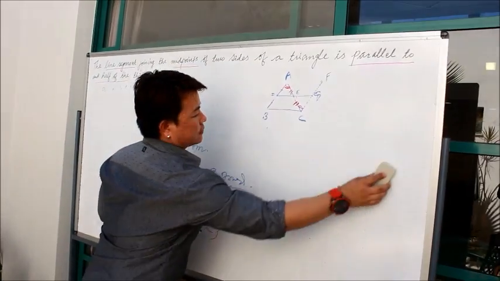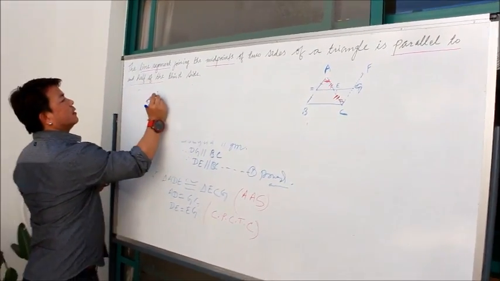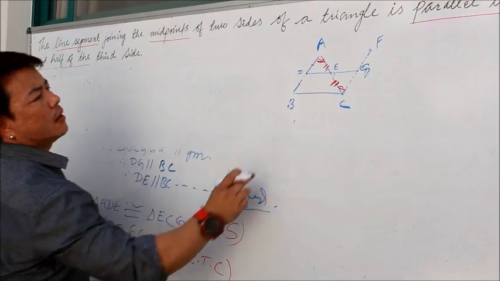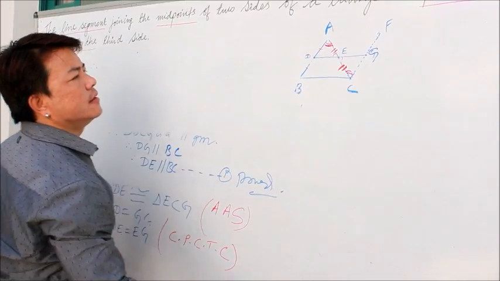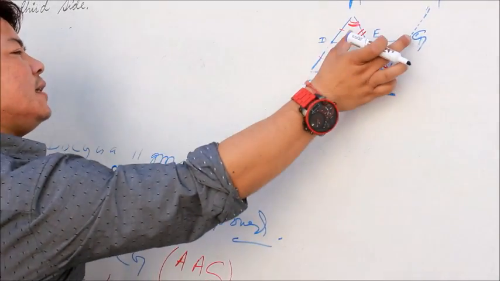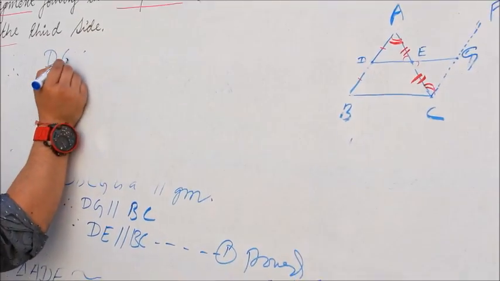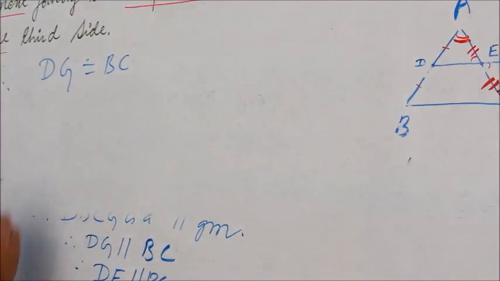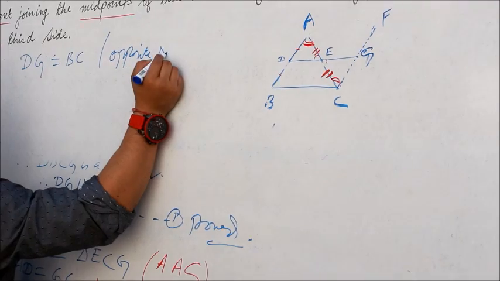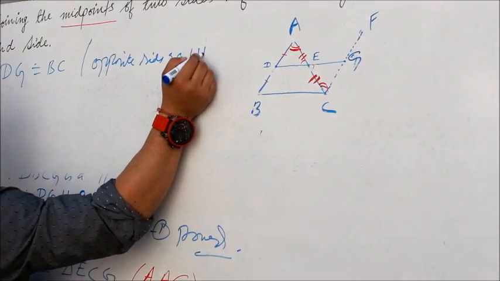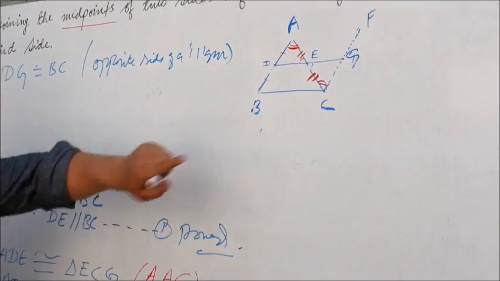Now DE plus EG, so we can say that DG is equal to BC. Why? Opposite sides of a parallelogram.